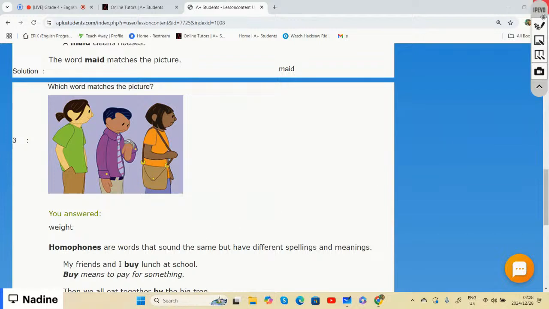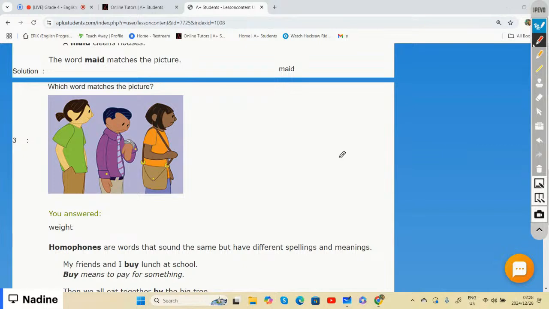Okay, so now we're going to look at the picture, right? I'm going to once again write down two words, which are homophones. And then you are going to identify or match the correct word with the picture. So we have wait and we have wait.